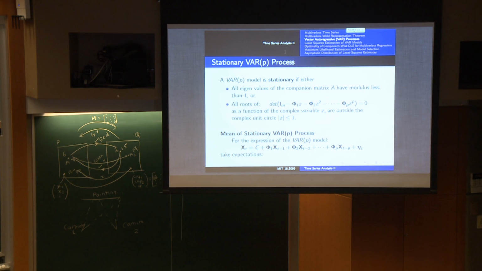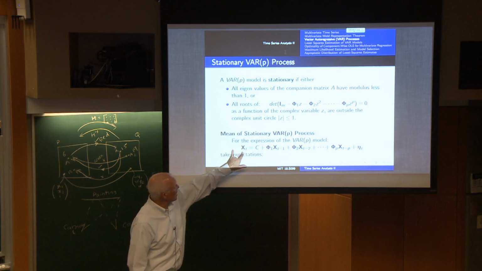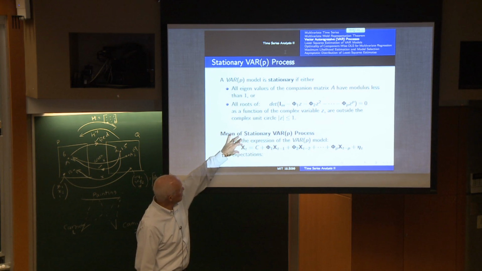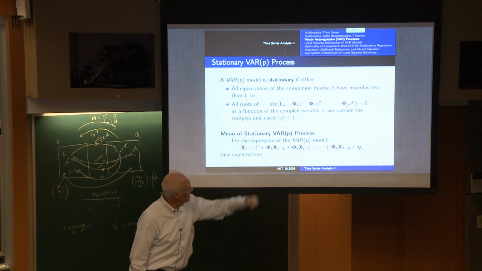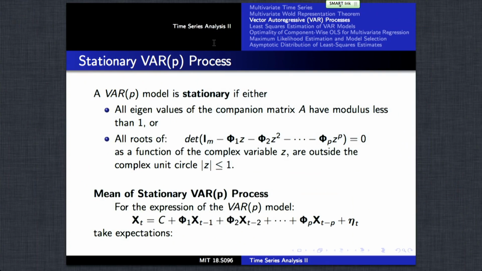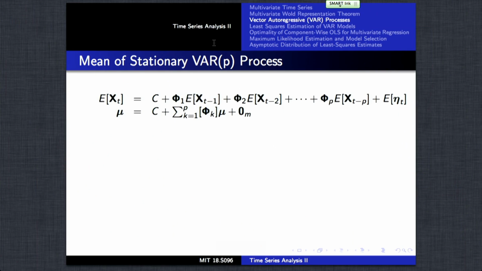All right. Well, the mean of the stationary VAR process can be computed rather easily by taking expectations on both sides. So if we take the expectation of x_t across both sides, we get that mu is the c vector plus the sum of the phi_k's times mu plus 0.